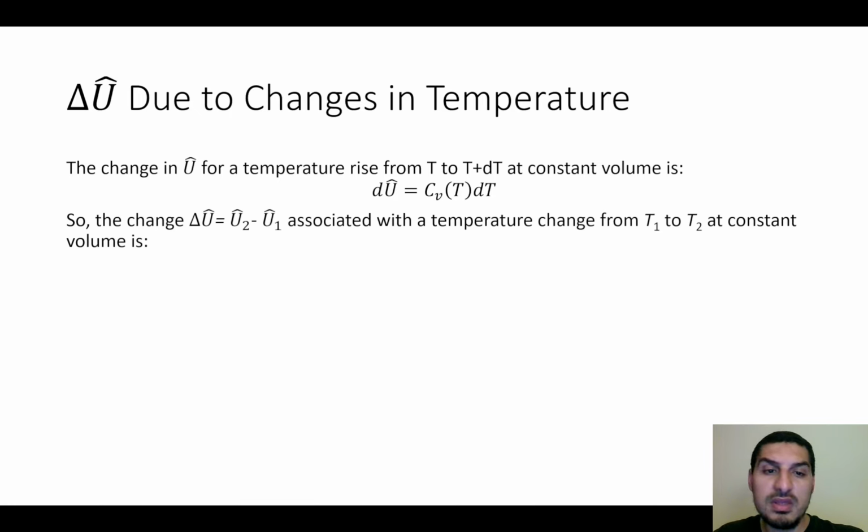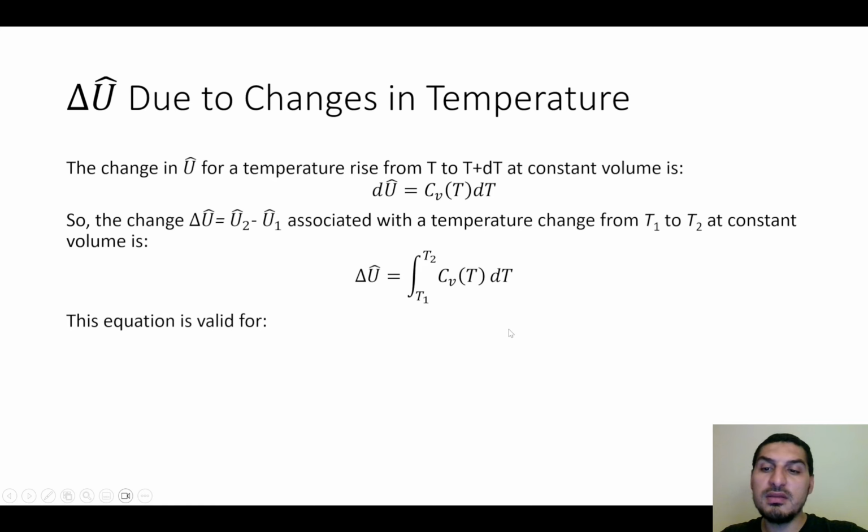And if we want to get the change delta U, from U2 minus U1, due to the change of temperature from T1 to T2, then it's going to be the integration. So I'll do the integration of dU, which is the integration of this side of the equation, from T1 to T2. And this is the equation that we want to use, and this is how we can describe the effect of temperature on the internal energy.